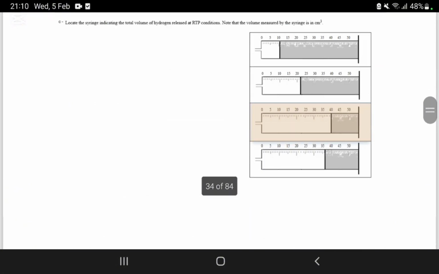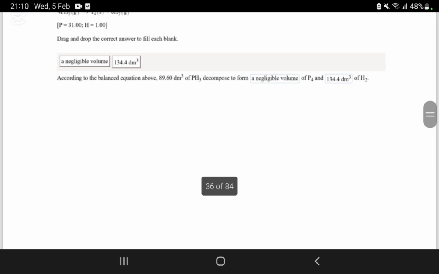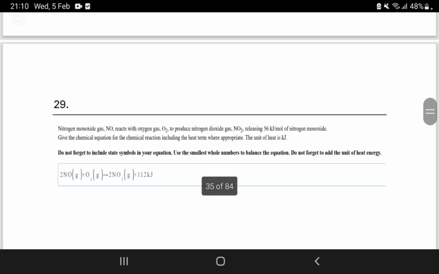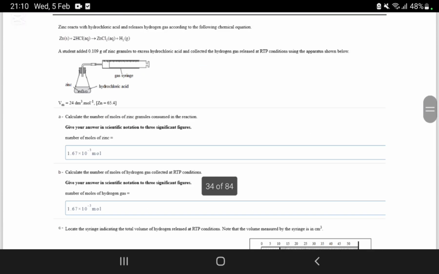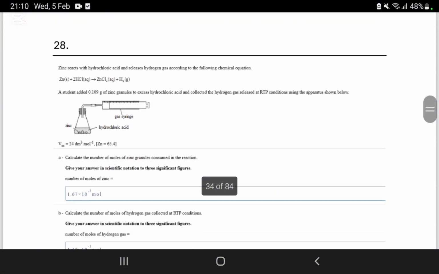Number 28. Let me see how many questions there are left. Okay, so we have question number 28. To find the moles, we're gonna do 0.109 divided by 65.4, which will give us 1.67 times 10 to the power negative 3.